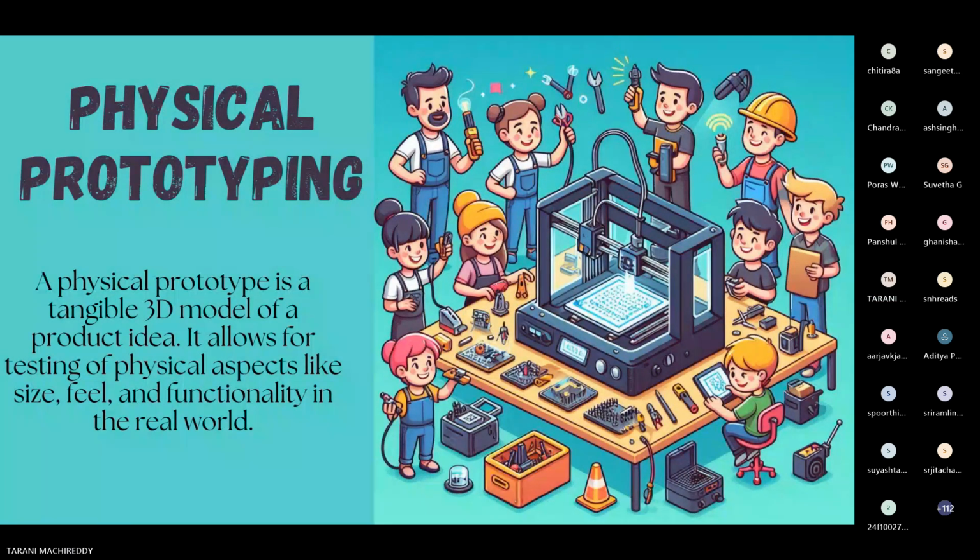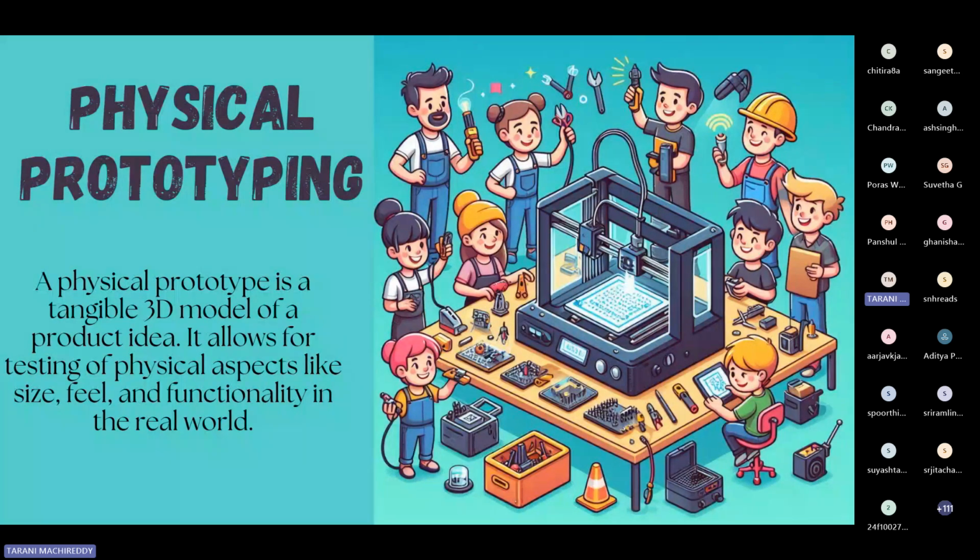Okay, coming to where we use this physical prototype. These are used in many industries like automotive, consumer electronics, etc. In automotive, we test the design, aerodynamics, and functionality of new car models. In aerospace, we can again test the design, aerodynamics, and functionality of aircraft and spacecraft.